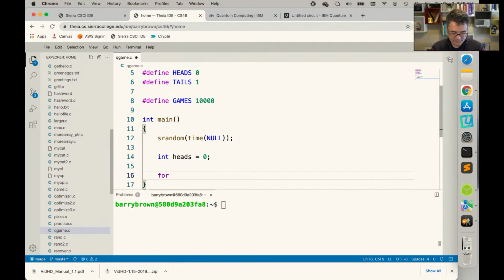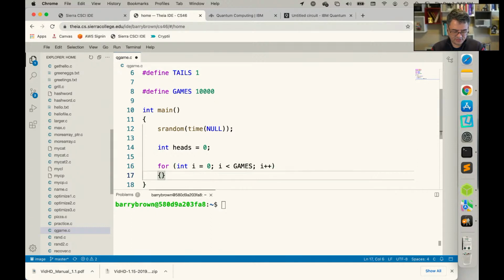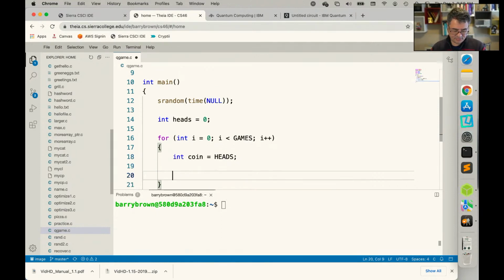Then we're going to run a loop that's just going to flip the coin 10,000 times. And so inside this loop, we're going to initialize a coin to be heads. And now the computer plays.